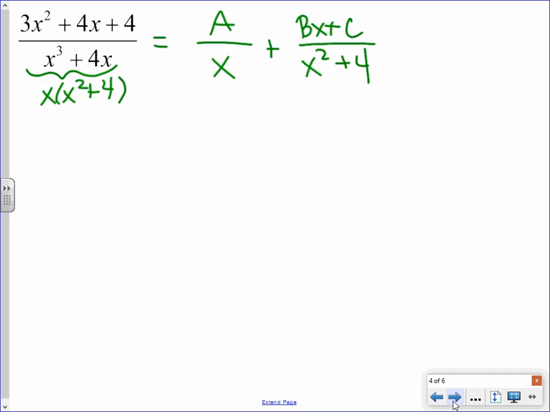Okay? Is everyone okay with how we have this set up here? Okay. So we are going to multiply the entire thing by x times x squared plus 4. Okay? That is our LCD. The LCD is always going to be this denominator right here. So when we multiply by that LCD, it cancels out completely with this denominator.